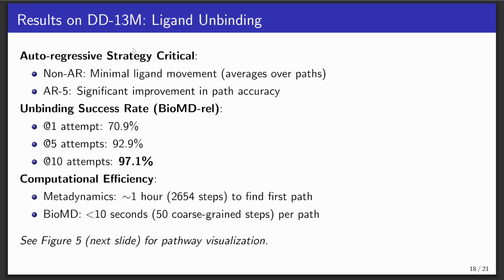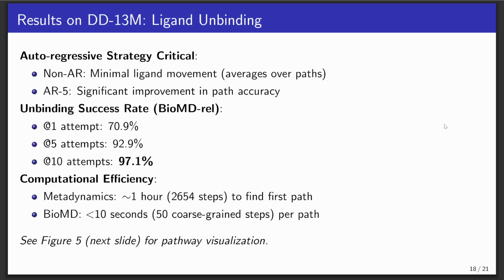And DD13M is for ligand unbinding. In this case, it finds that the autoregressive strategy is critical. For non-autoregressive, we can observe minimal ligand movements, but for autoregressive 5, which uses 5 previous frames, we can see significant improvement in path accuracy.